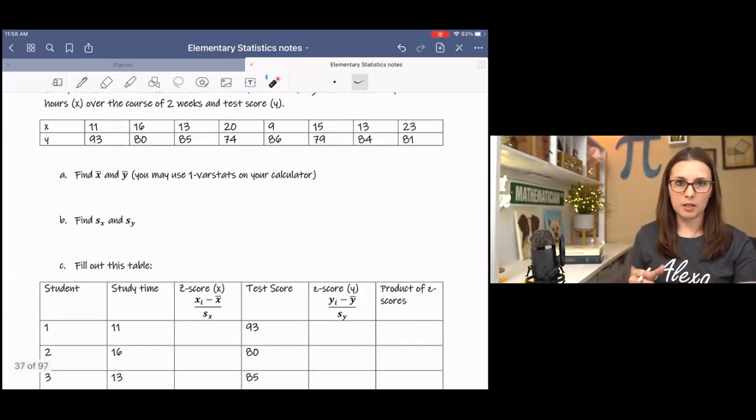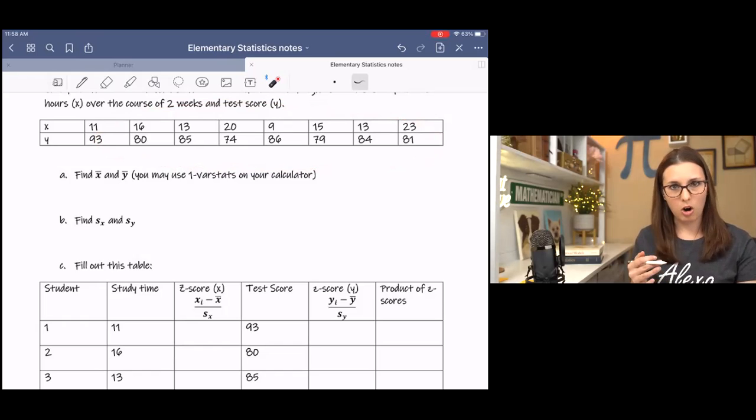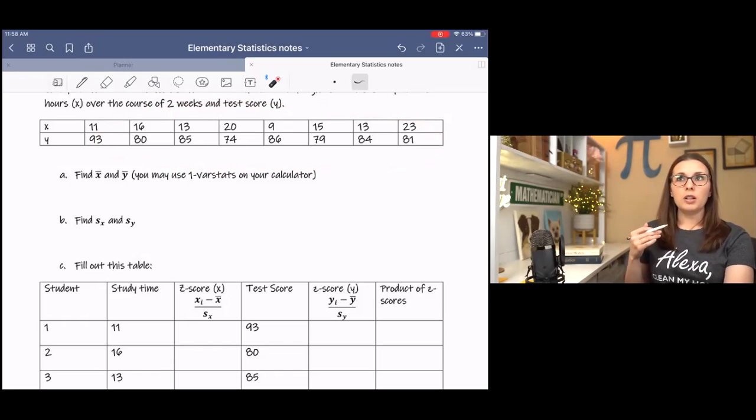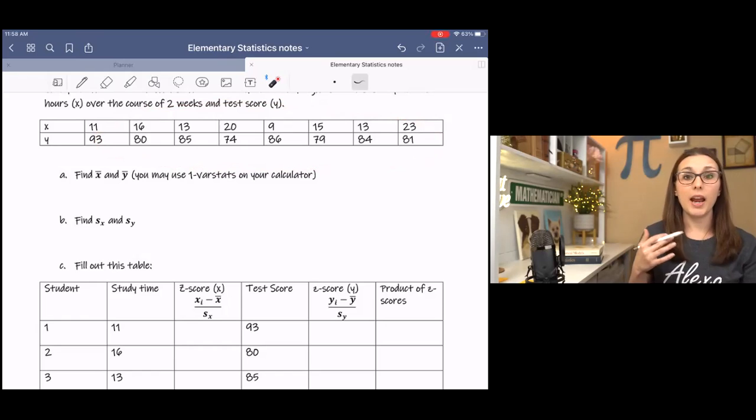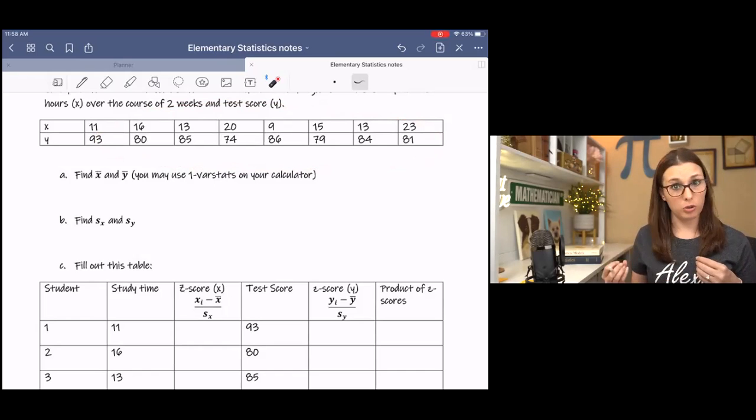I would recommend, if you're doing something like this by hand, becoming very comfortable with your calculator. You can find the mean of these very easily. Finding the mean is not hard. But if you can eliminate error early in the problem, then it's going to ensure that you have less error in your solution.